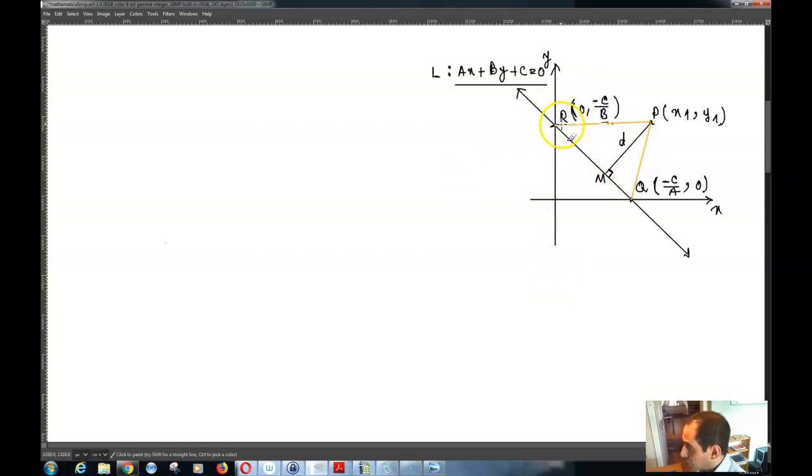So now you have this triangle PRQ, and you know that the area of this triangle is equal to 1/2 times the base times the height. So this is your height and this is your base. So you can say that the area of triangle PRQ is equal to 1/2 times the base, which is RQ, times PM.